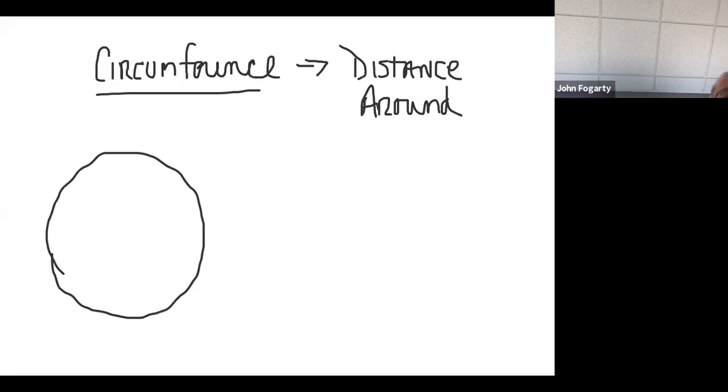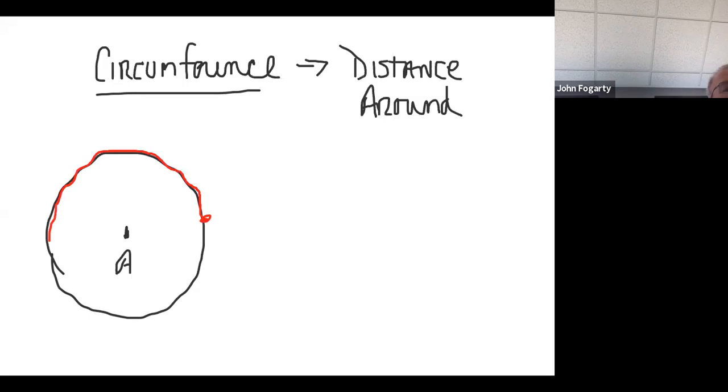It's not a polygon, it's a curve. So if I asked you, what is the circumference of circle A? What I'd really be asking you was, if you were standing right here and started walking around the circle until you got back here to point B, how far did you walk?